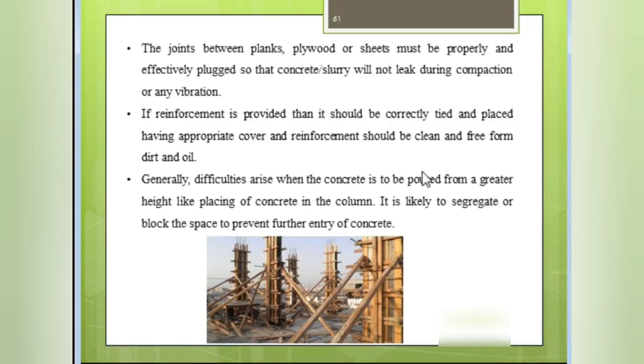Tamping with the help of a rod into that formwork should be continuous at the time of placing of concrete, so that the concrete will not form a honeycombing structure. After the removal of formwork, it should look like a smooth surface.